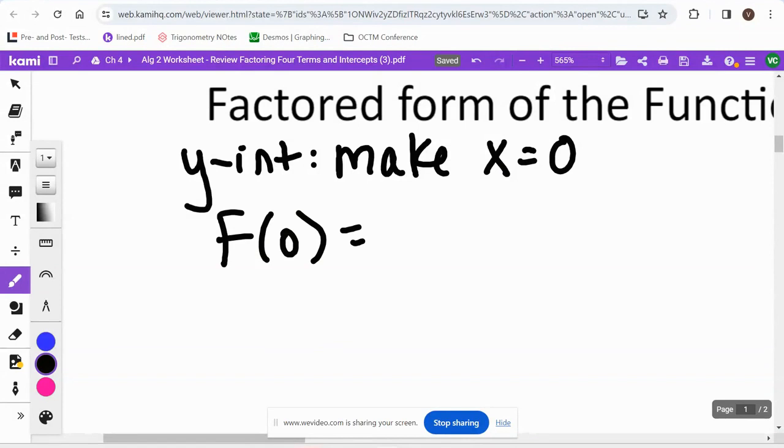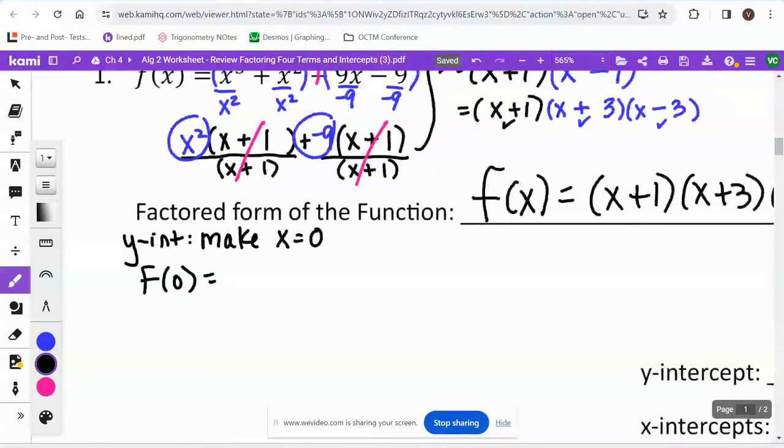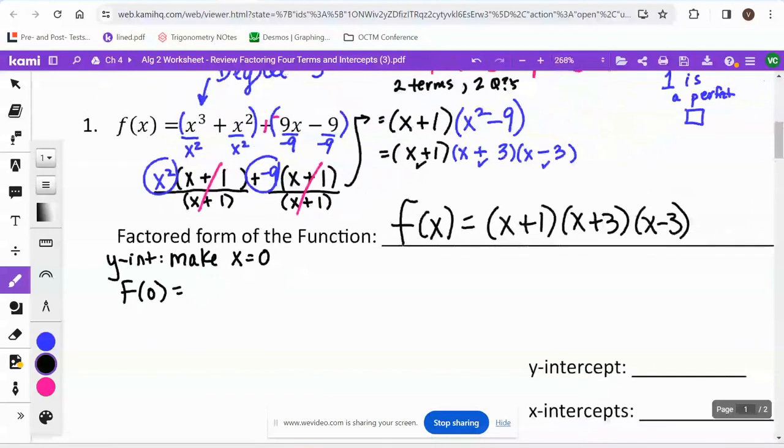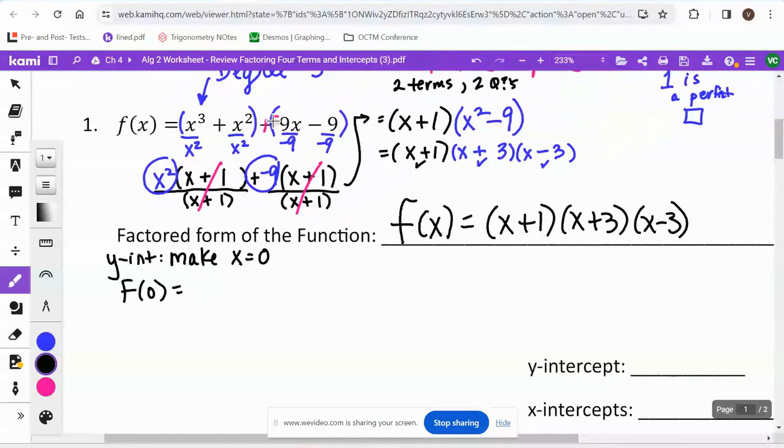Does it matter which form of the equation I use? Can I use the original? Can I use the factored form? Or does it matter? It should not matter because they are the same equation. However, I'm a mistake maker.